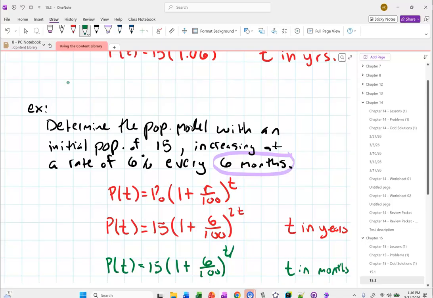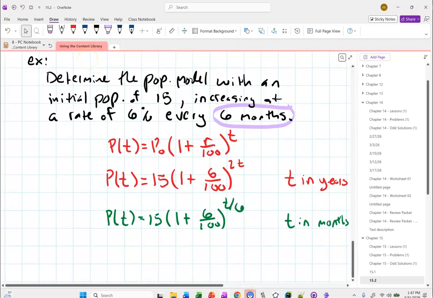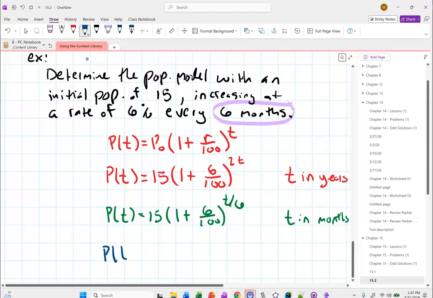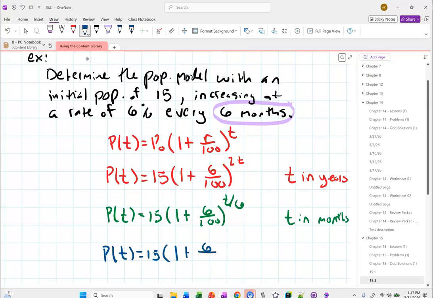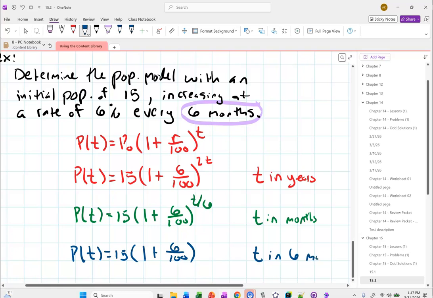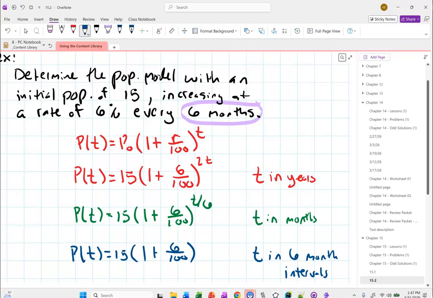So you'd have t over 6. Is that okay? Or maybe you would choose to say t is in 6-month intervals. And so that would be just t.